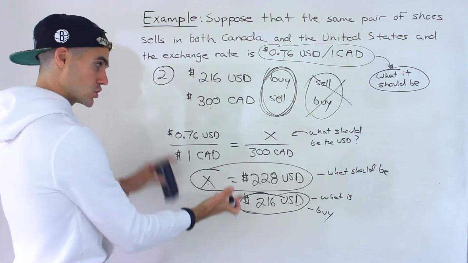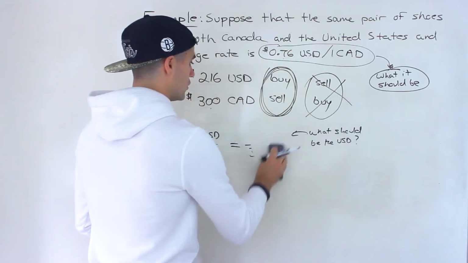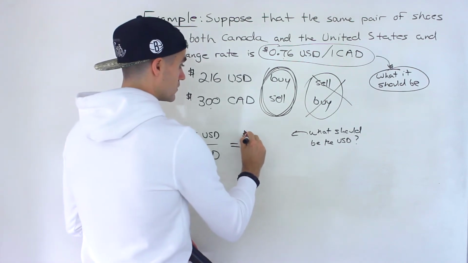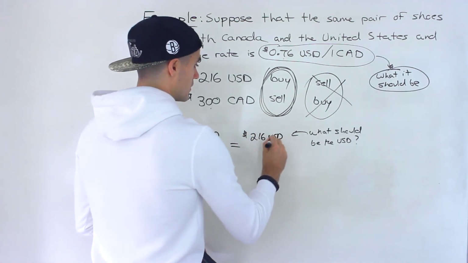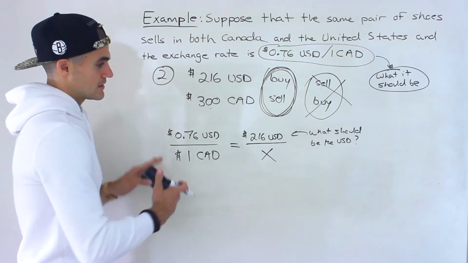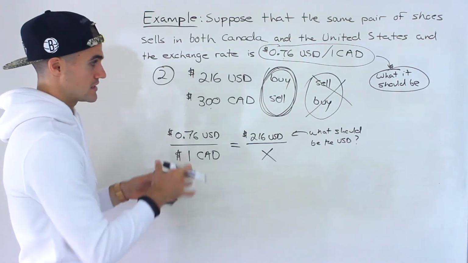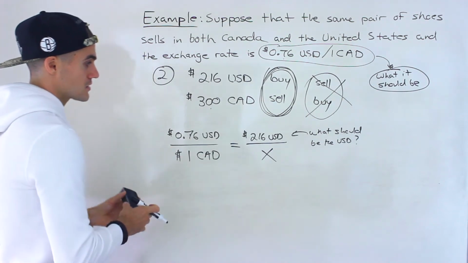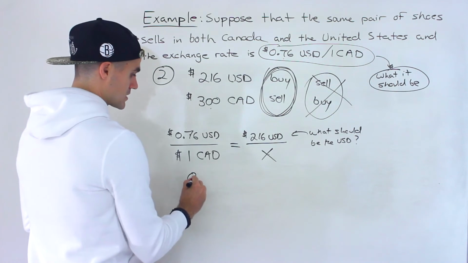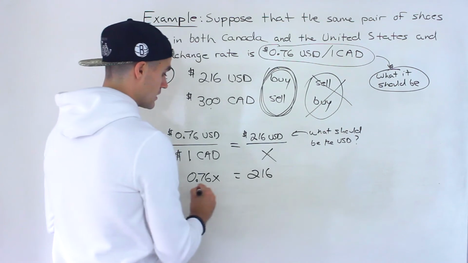And if you want to see it in terms of CAD, you can do it the other way. So you could take the other price, the 216 USD, and then figure out for that price what should be the Canadian price. And this is what I meant by showing you multiple perspectives on how this conclusion can come about. So notice here, if we solve for this x times 0.76 would give us 0.76x. 1 times 216 is just 216.